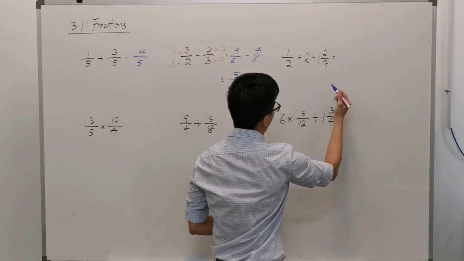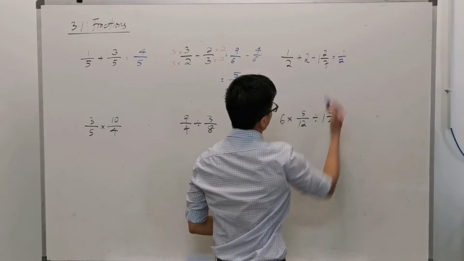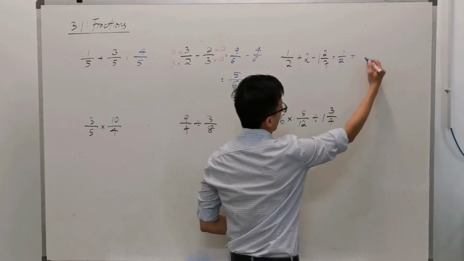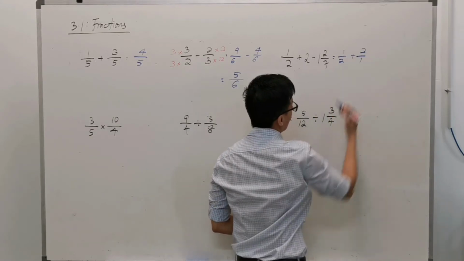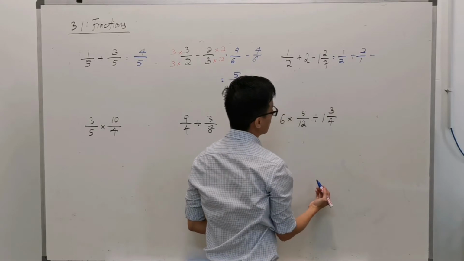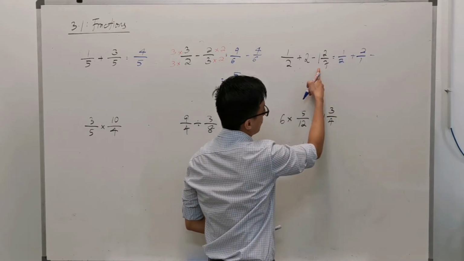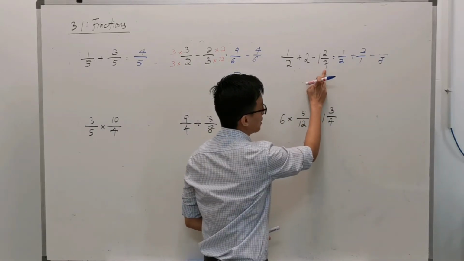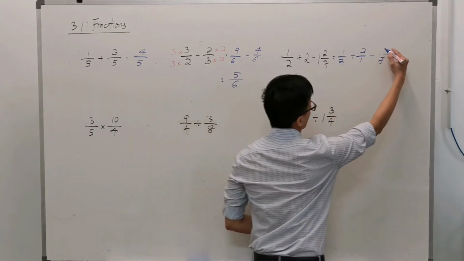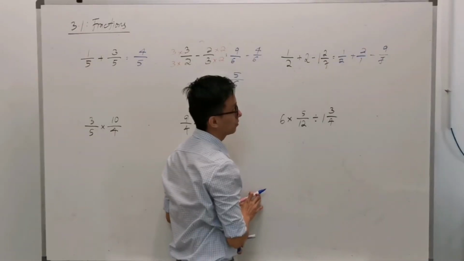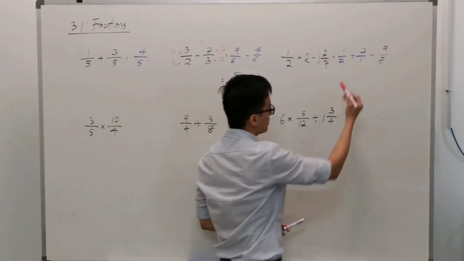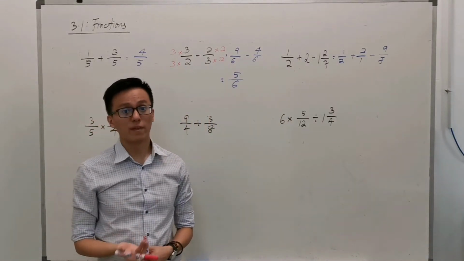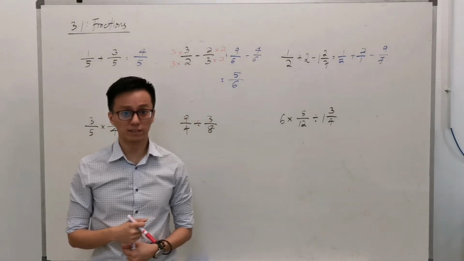So for this, I will have a half plus, for the whole number 2, I can write as 2 over 1, minus, convert this into an improper fraction, 1 times 7 plus 2, I get 9 here, so 9 over 7. For these 3 denominators, 2, 1, 7, their LCM is 14.